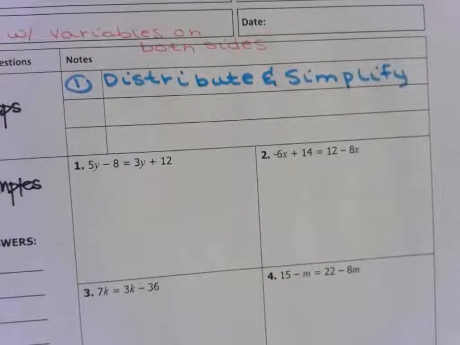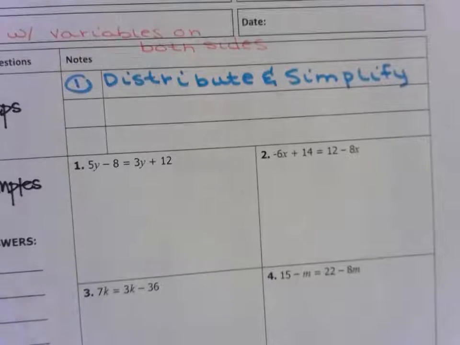Before you start dealing with the inverses and moving things over to the other side of the equal sign, you need to distribute and then simplify, put things together, combine like terms. How do I know if I need to distribute? Something times the parentheses, something right in front of parentheses, okay? Usually for us it will be a number, okay?